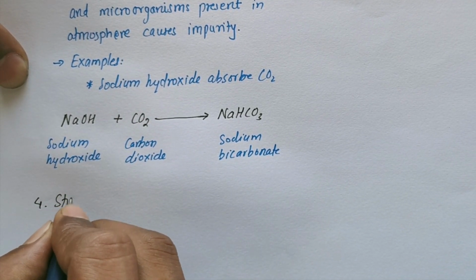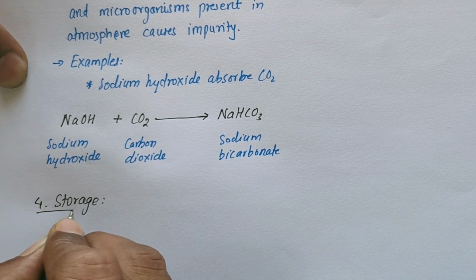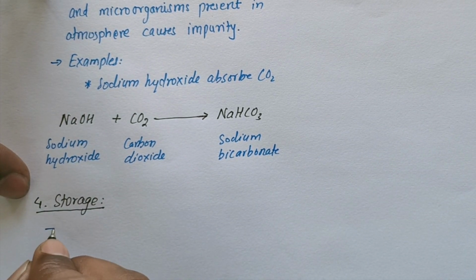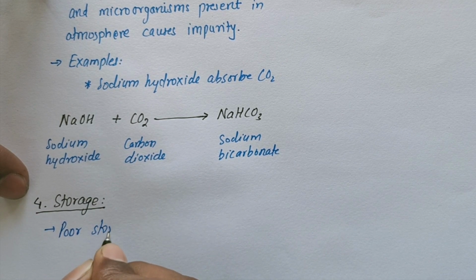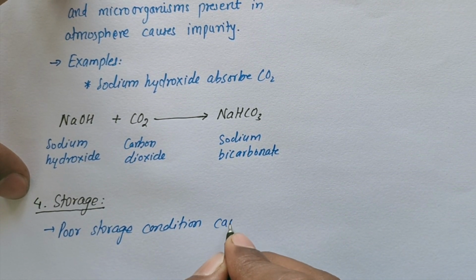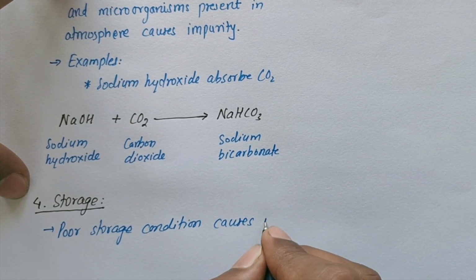Now the next one is storage condition. As we know, if we are storing the final product, suppose we have prepared 100% pure final product, but upon storage if proper care has not been taken, then it may cause various types of impurities. So poor storage condition causes impurities.